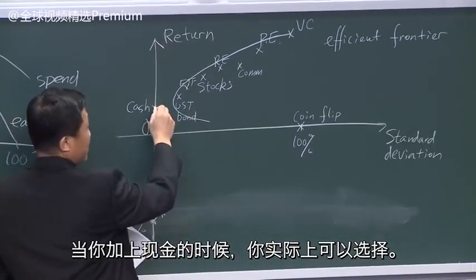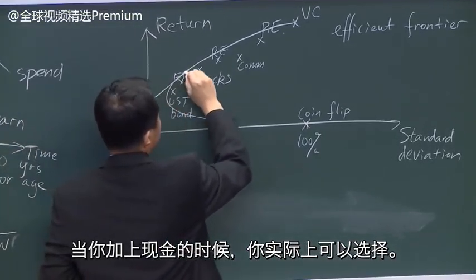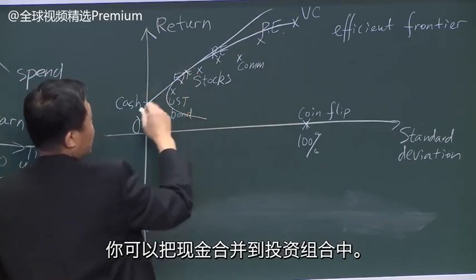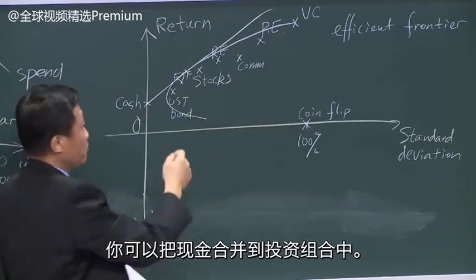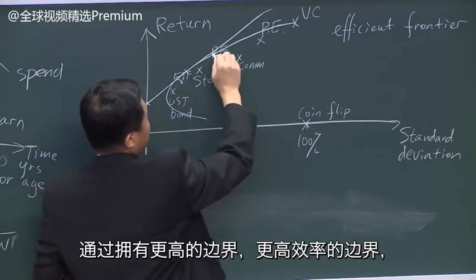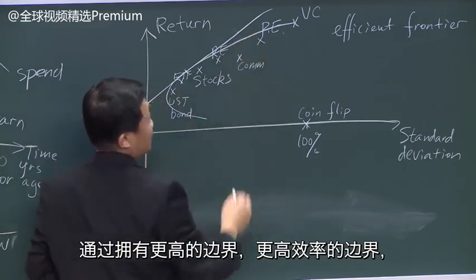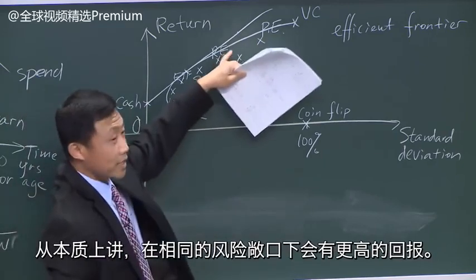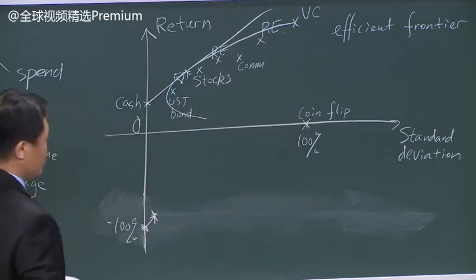Because when you add on cash, you can combine the cash into the portfolio by having a higher efficient frontier, and essentially higher return with the same exposure.